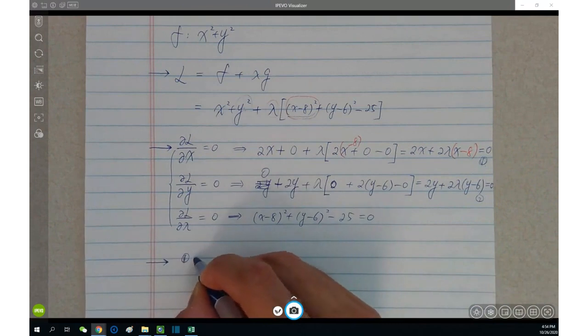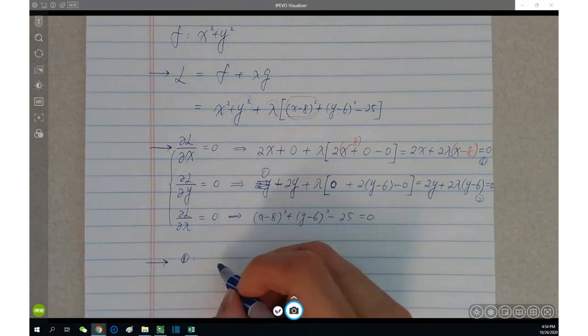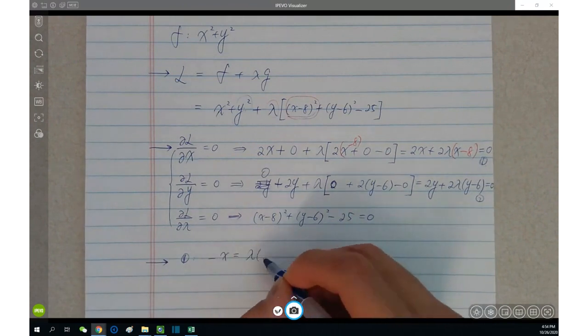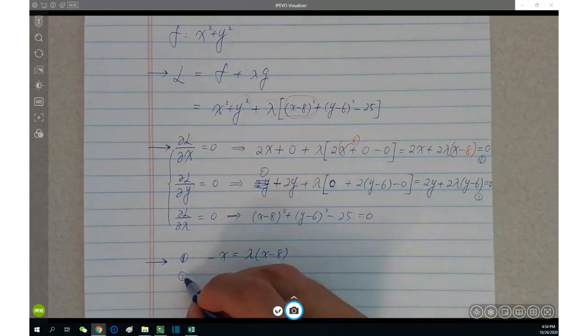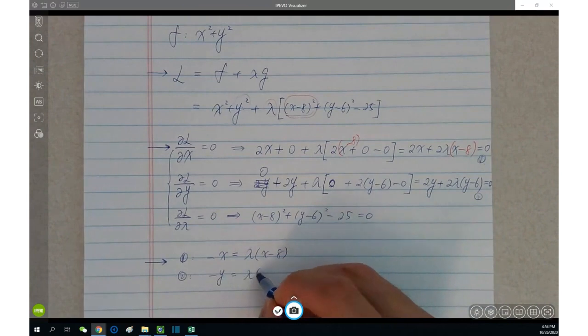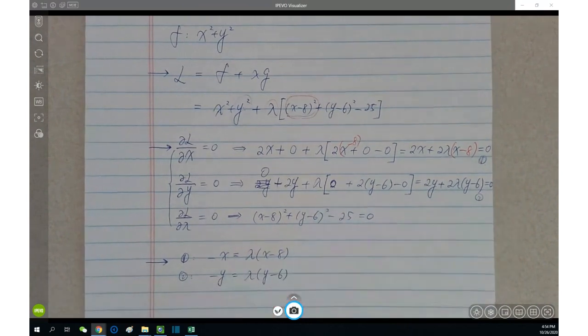Equation number 1 gives you negative x equals lambda times x minus 8. Equation number 2 gives you negative y equals lambda times y minus 6.